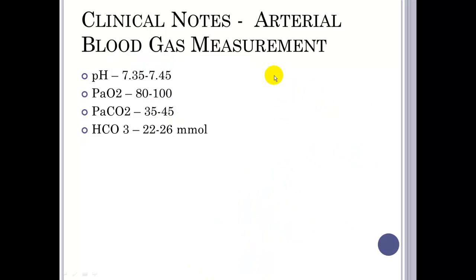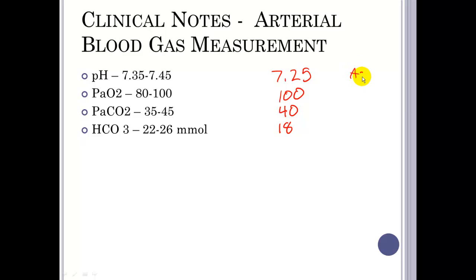Okay, so next patient. Patient is 7.25 on the pH. The PaCO2 on this patient is 100. The PaO2 is at 40, and the HCO3 is at 18. So first question, are they acidic or alkalotic?